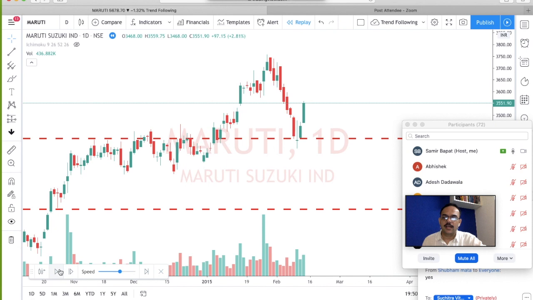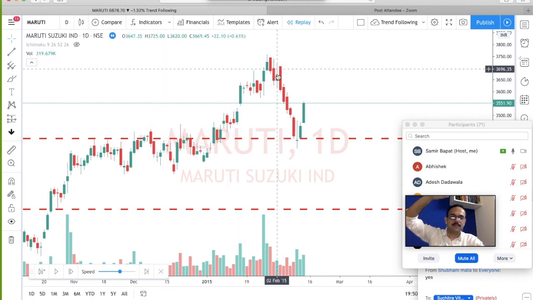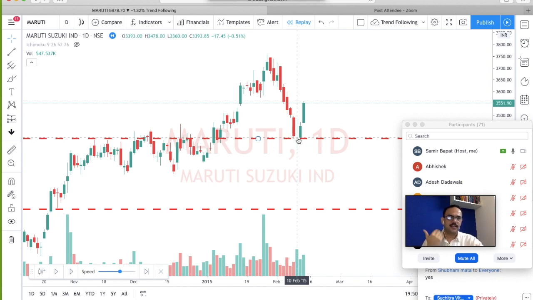Okay, see here what happened. Here it was support. We saw that, right? At 3400 there was support, it tried to go up but was not able to, it was bumping its head here. Once it went up, it came down again and took support at the same level in the future. So this level has acted as a resistance and a support, so we have drawn it at an appropriately correct level.